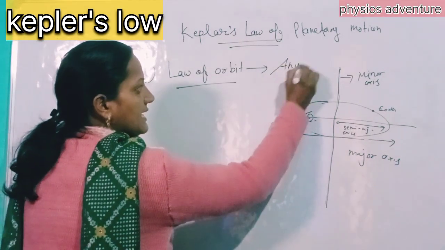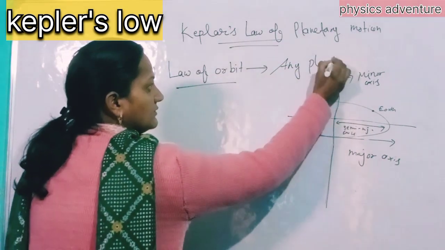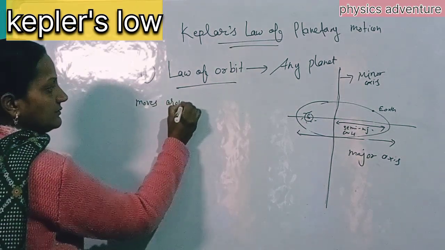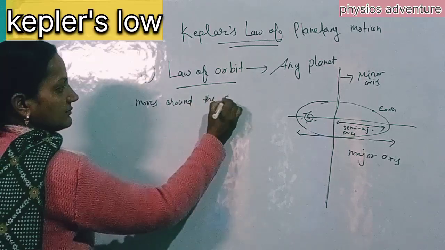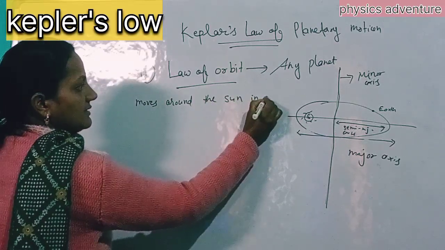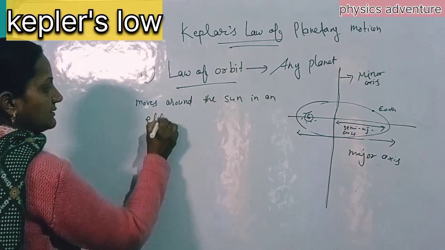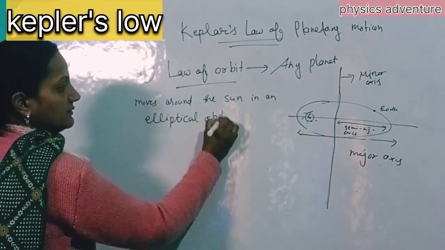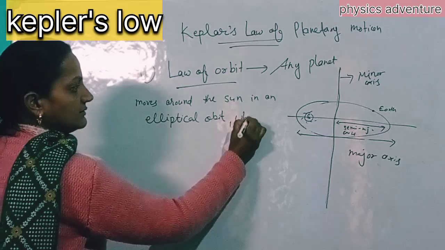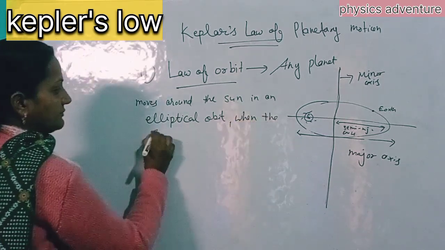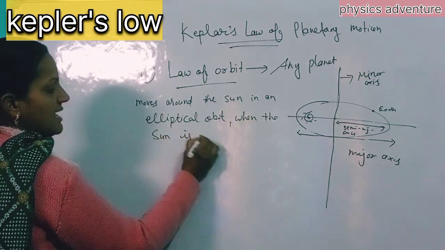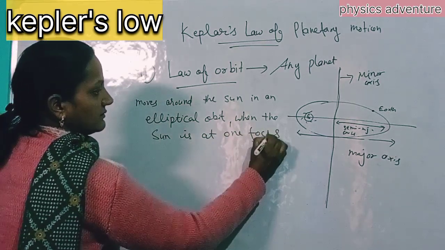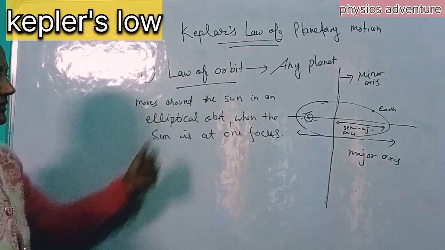So we can say that any planet moves around the sun in an elliptical orbit, when the sun is at one focus.